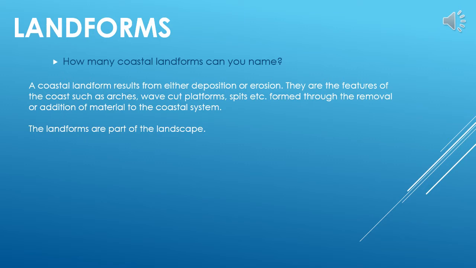They're all outputs from the coastal system, and they are all the result of material being added or removed to the coastline. And remember, landforms form part of the landscape. It's really important that you're clear with the difference between a landform and a landscape. Do not get these confused.